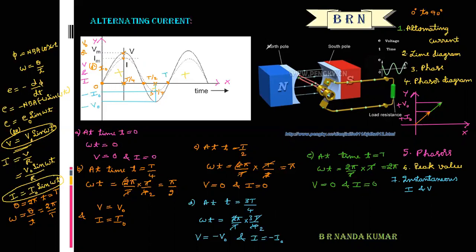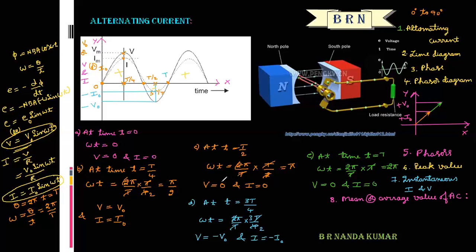The next term is mean or average value of AC. Mean or average value of alternating current.